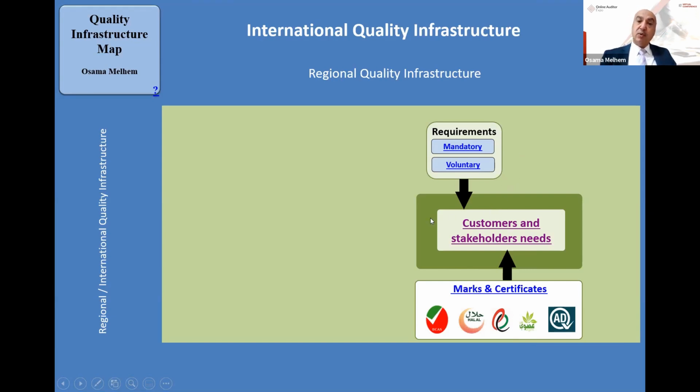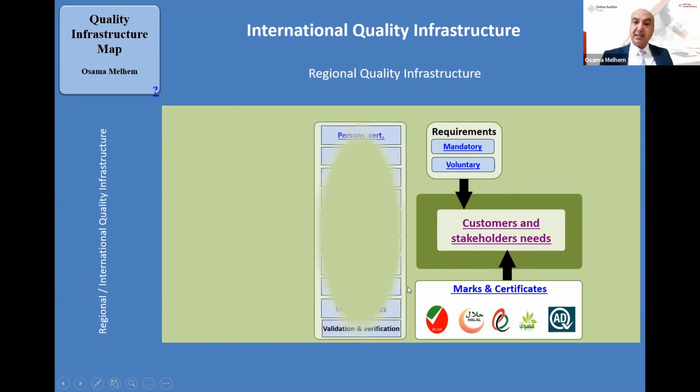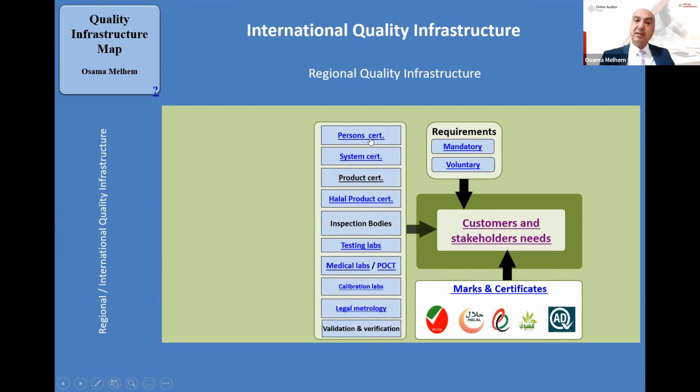Now, who will check that the product in the market is meeting these requirements and enable the manufacturer to fix these marks or to obtain the certificate? We have bodies here called the conformity assessment bodies. So this column represents the conformity assessment body.